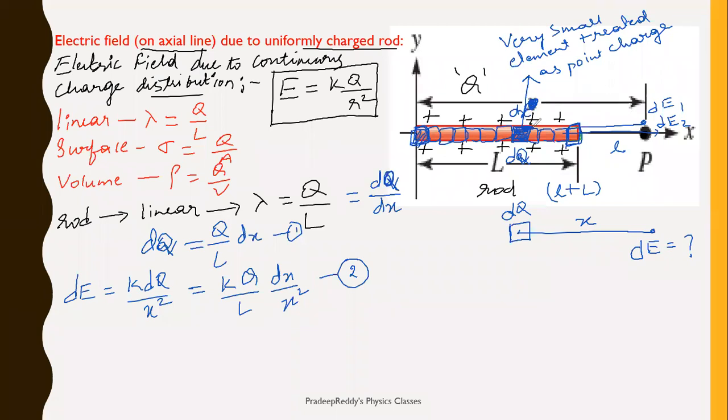What is happening to this x value? It is variable. For the first element, x is equal to l. For the last element, x tends to become small l plus capital L. Therefore, in equation 2, x is variable within limits.